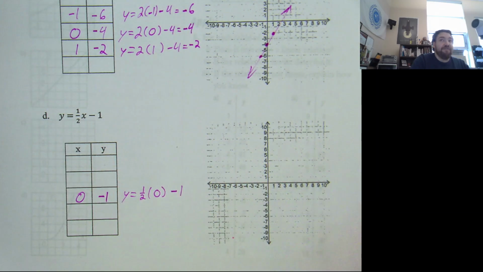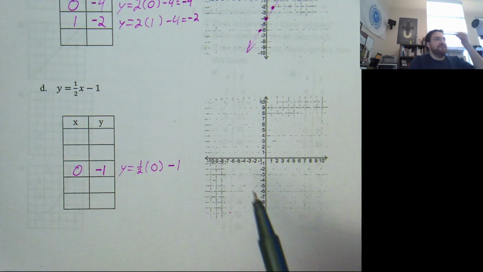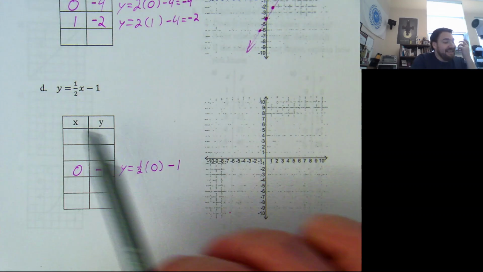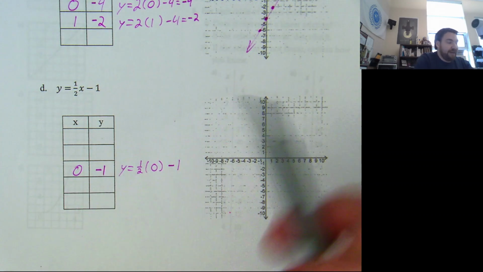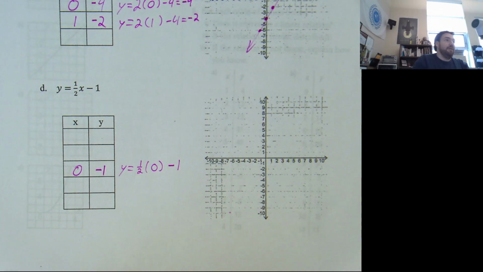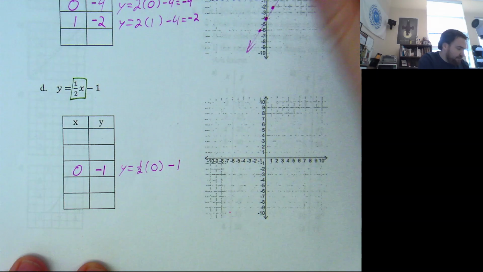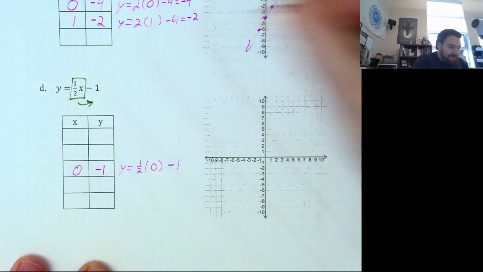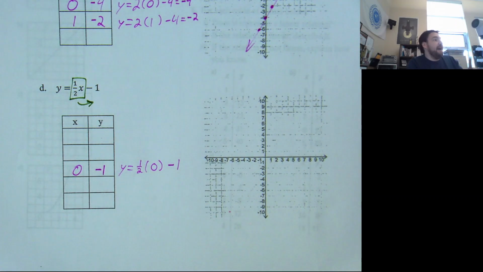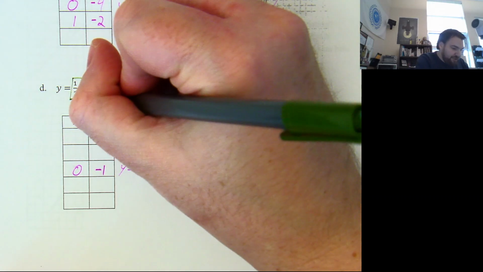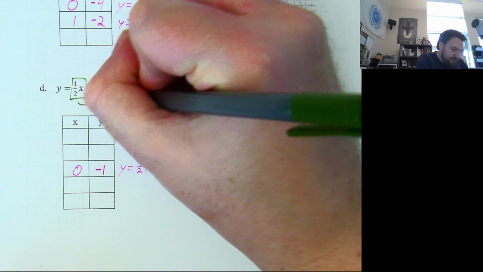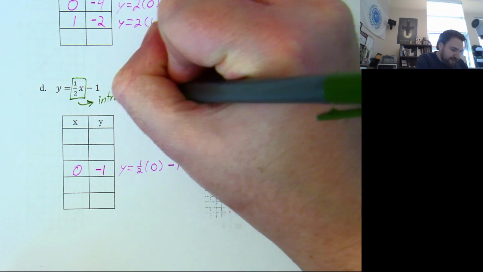Graphing fractions, especially on a graph labeled like this, is not nice. So this would be an example where we don't want to pick negative 1 and 1. Depending on your chosen value for x, you can introduce a fraction here.